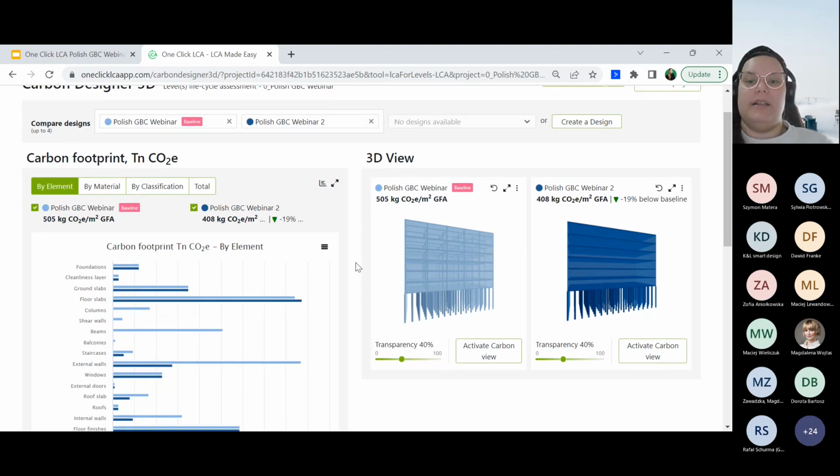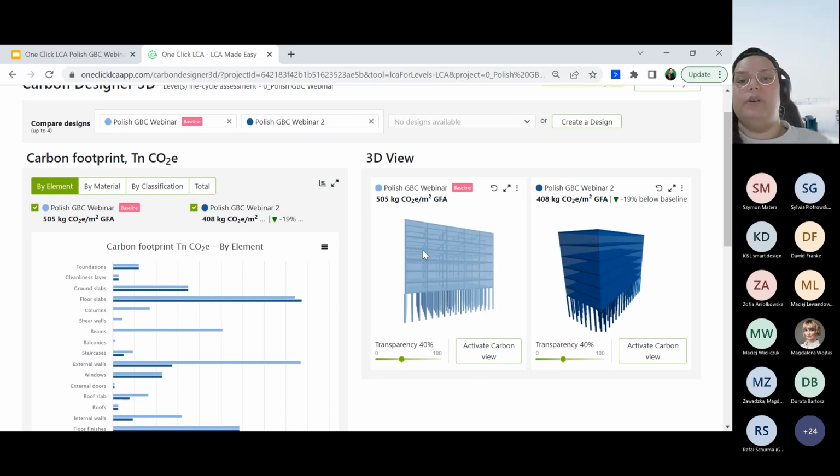So as we can see here, just by changing the type of frame, we are able to reduce almost 100 kilos of CO2 per square meter. Our first building had 505 kilos, and now we have 408 kilos.